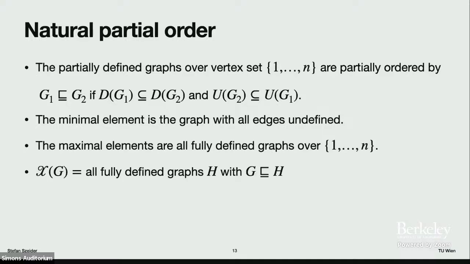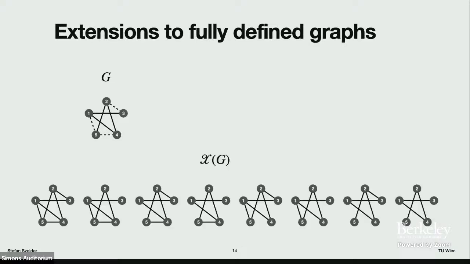And we write X of G for the set of all fully defined graphs that G can be extended to. So for instance, for this example here, we have 2 to the number of undecided edges many fully defined graphs.